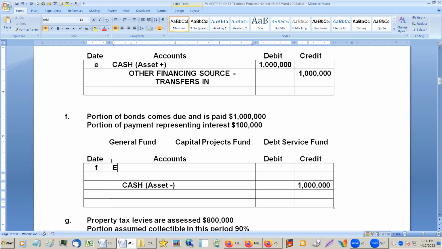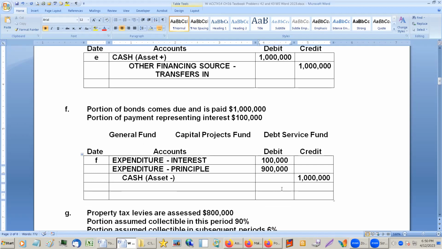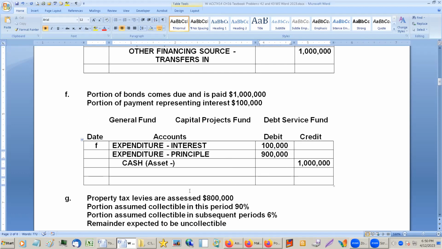Okay. So it looked like this, and you might separate these out: expenditure, interest. Principal. Forgot. So this is what it looked like, but they're just expenditures.